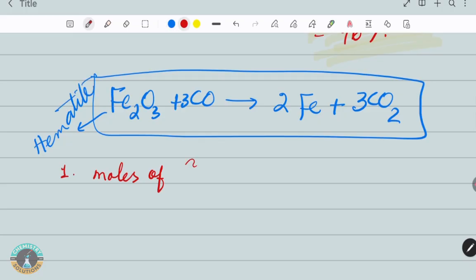Okay, now move on. First of all, the value which is given to us is 500 kilogram of hematite. Moles of Fe2O3 we have to calculate.